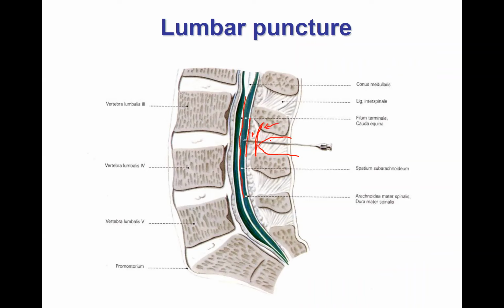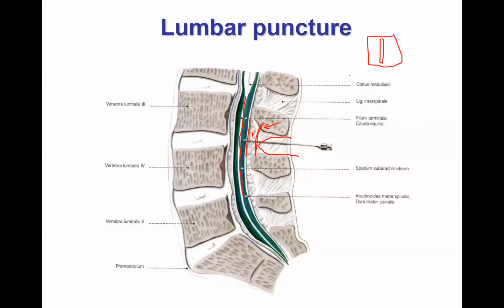Tell me the name of this first structure. Which tough connective tissue structure, which ligament, is here between the arches of the vertebrae? Any idea? Interspinous ligaments are here, yes, but they are small, and then we have something which is large.